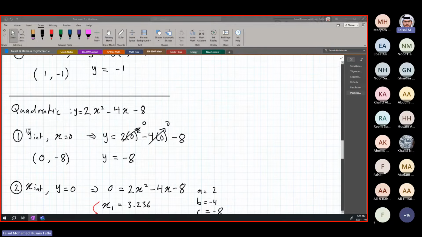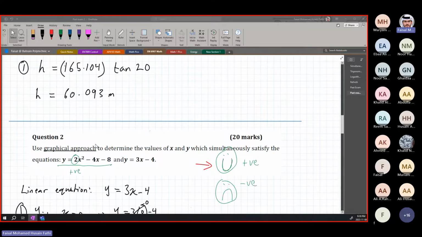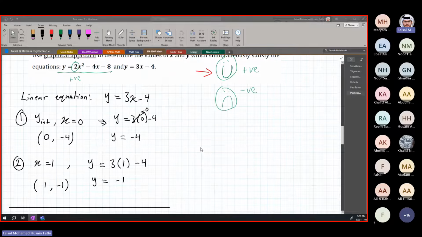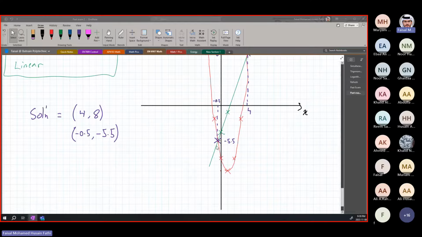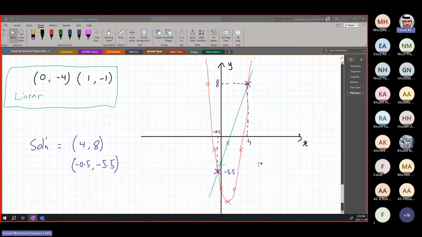You can solve these simultaneous equations to make sure you get the exact values of x and y, so that later when you see them on the plot you know this is correct, it comes exactly in the middle. Then you can draw the plot accordingly to be safe, just to double check. Good, this is how you're supposed to plot graphically the parabola and the linear, and find the intersection points or solution.